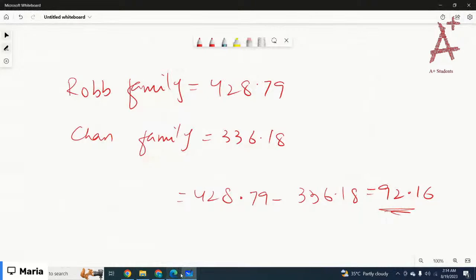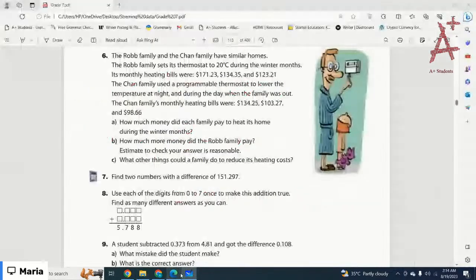The next part is, what other things could a family do to reduce its heating cost? You have to see what other things they can do to reduce their bill.